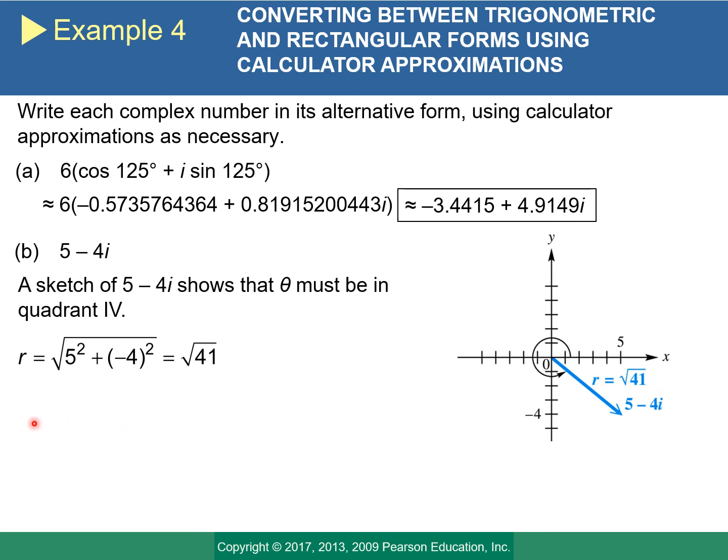And then last, let's find theta. Using tangent of theta equals y, negative 4, over x, which is 5, and then tangent inverse. So theta is tangent inverse of negative 4/5, which is going to give us negative 38.66 if you round, and this is from the calculator. Now, when you answer questions like this and you want to go to polar form, you want your angle to be the positive angle.